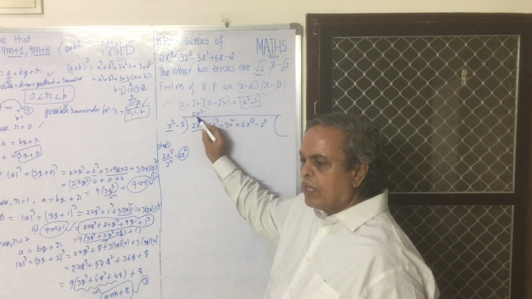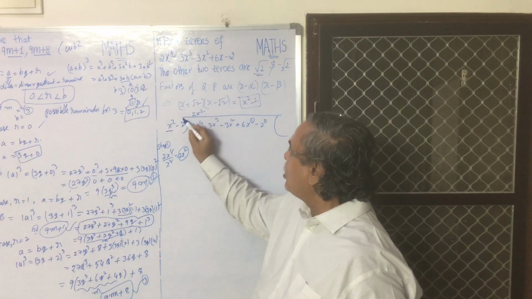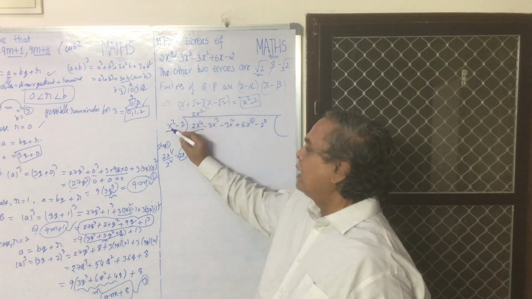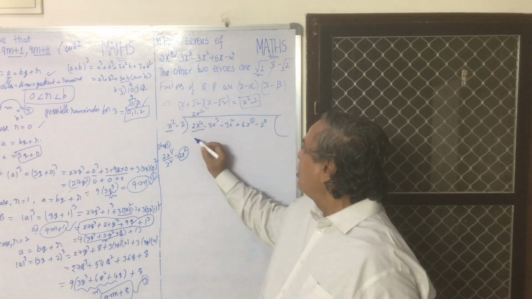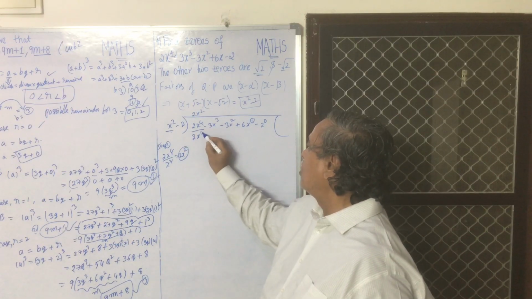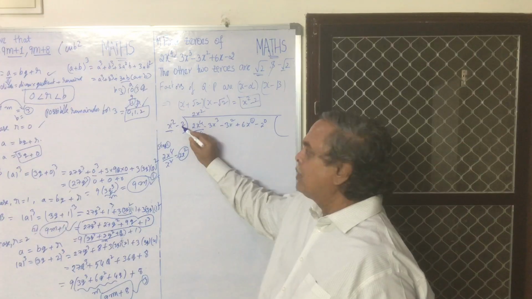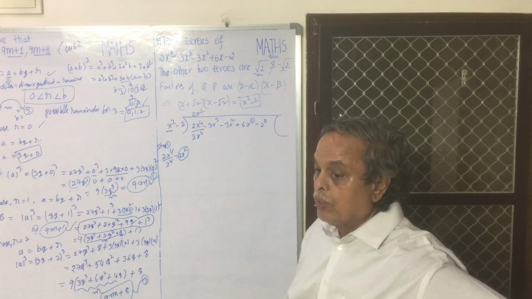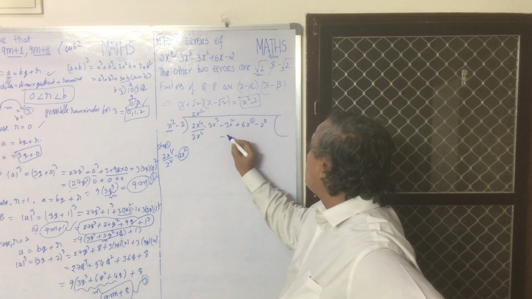Then take this 2x square and multiply by the total divisor. 2x square into x square is 2x to the power of 4. 2x square into minus 2 is minus 4x square. Where can we write minus 4x square?